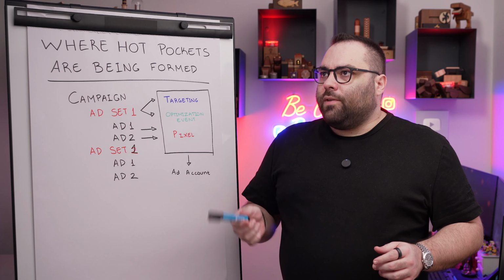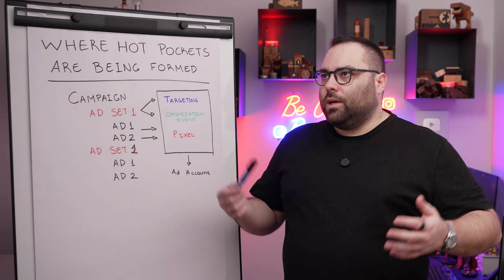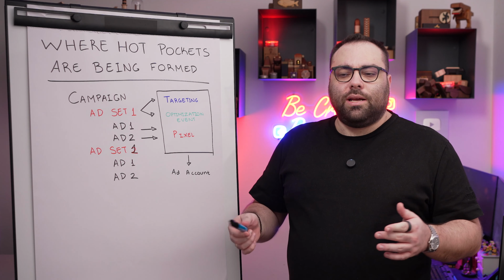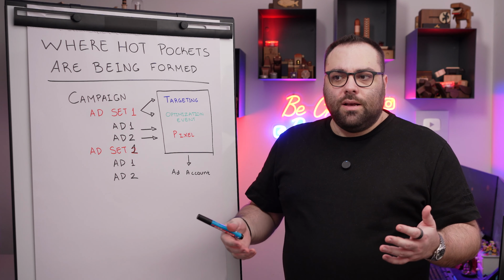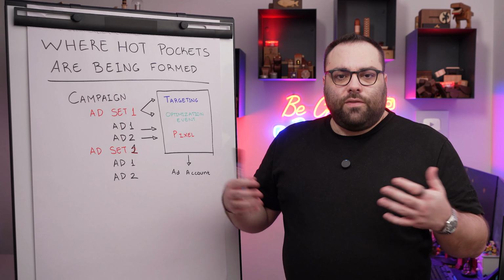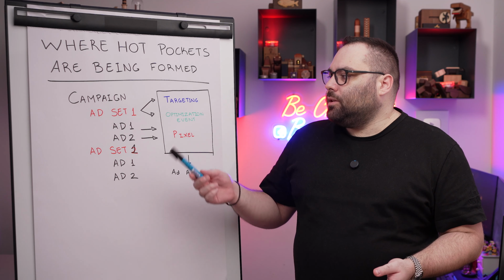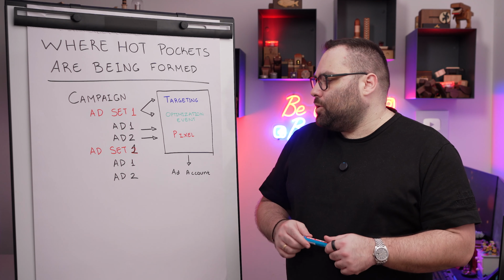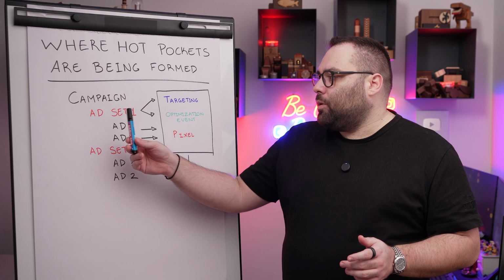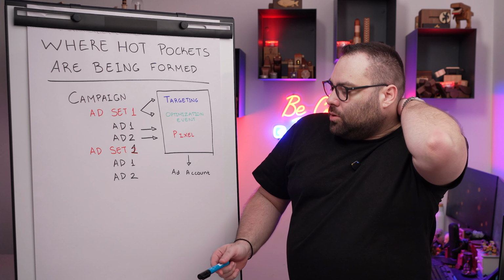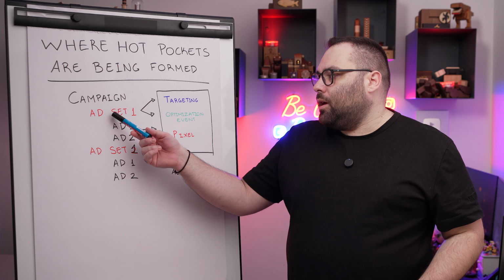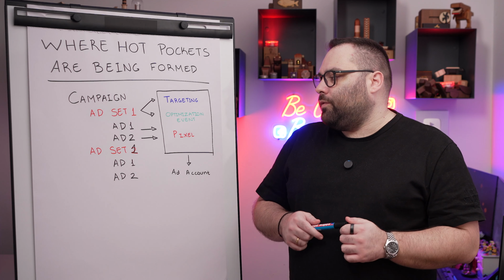I realized that, but we're going to explain it more in the crazy method, that when I was running ads on Monday, Tuesday, Wednesday, Thursday, even if they were different ads, they were just behaving in a different way. So then I started doing the crazy method, which we're going to explain later. I thought at that point that the hot pockets were being formed on the ad set level. That's why I was doing only CBOs at that point, with this kind of way of thinking.